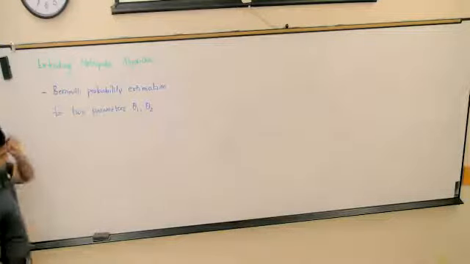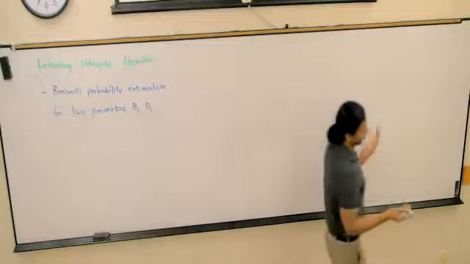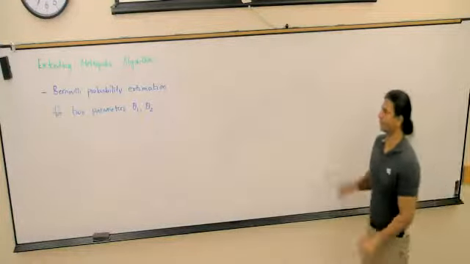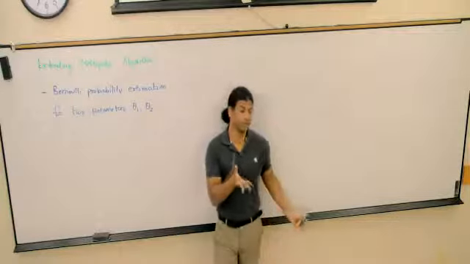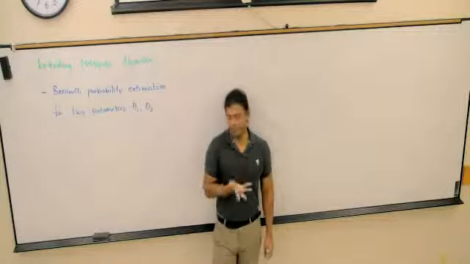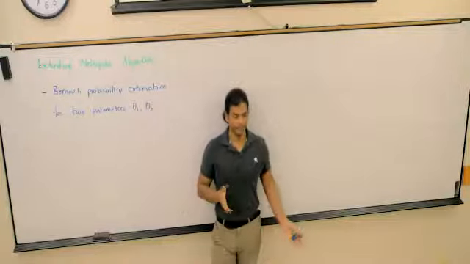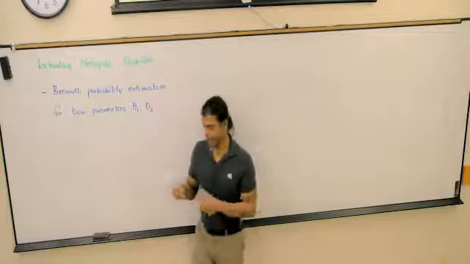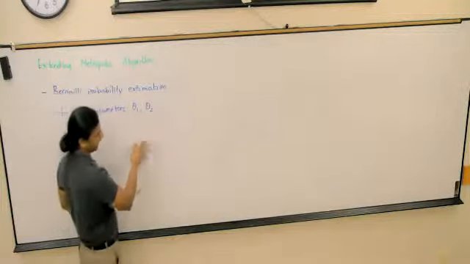So a good example would be rolling 2 dice, and we want to know the probability of getting a 2 in the first die, and getting a 2 in the second die. That would be the probability of success for the first die, and the probability of success for the second die.